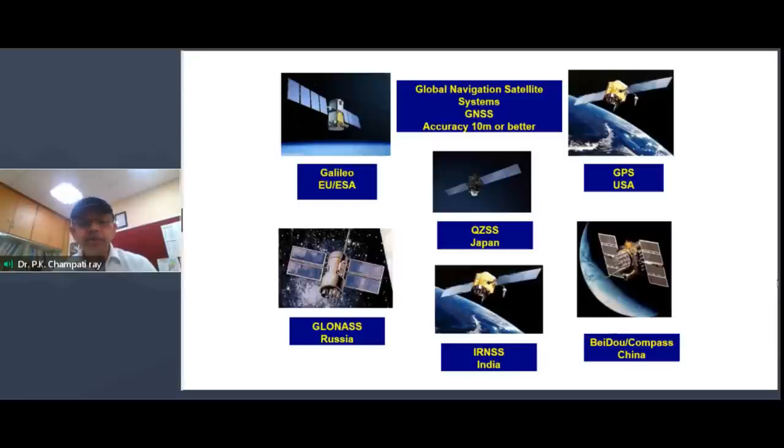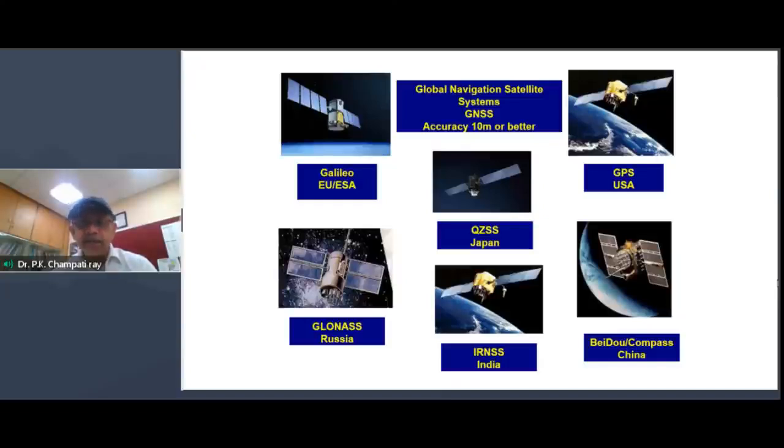But in geology, geodynamics or crustal deformation studies, what we are involved with at IIRS, we look forward to less than 5 millimeter accuracy. And we achieve that by post processing and receiving the data in 2 frequencies, with a lot of correction factors which are made available through various global agencies.